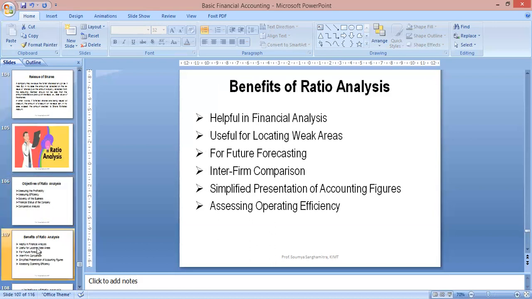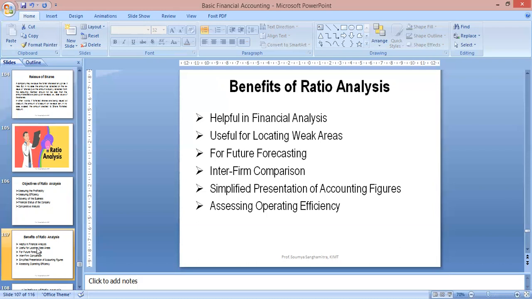Now, the benefits of ratio analysis. First, it is helpful in financial analysis. Ratio analysis helps business in assessing their financial standings. It can be used for short-term as well as long-term financial analysis, and financial statements such as profit and loss account and balance sheet are used for this purpose.